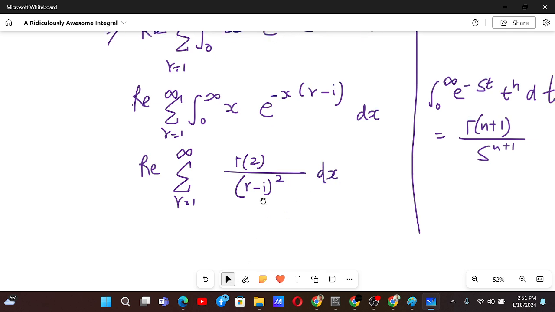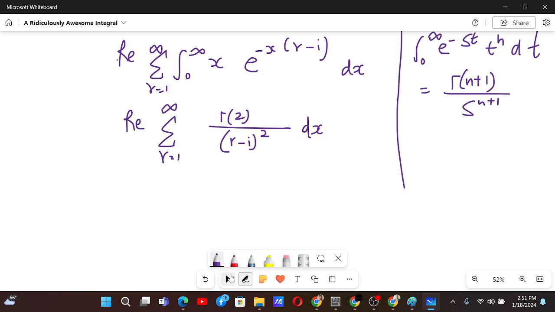Okay, and now what will be the next thing? This will be the real part of the sum from r equals 1 to infinity of 1 over r square minus 2ri plus i square, that's also minus 1.